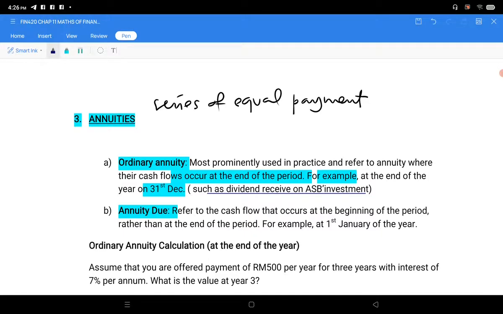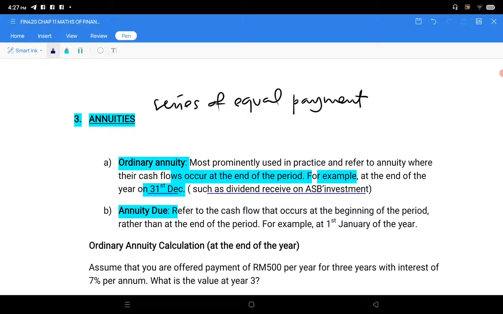So such dividend, if they are paying the dividend at the end of the year, it means that these are called ordinary annuity, in the case of the dividend being fixed. But normally the dividend on ASB is not fixed, so we cannot call it an annuity.